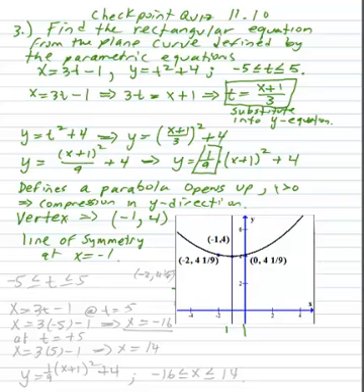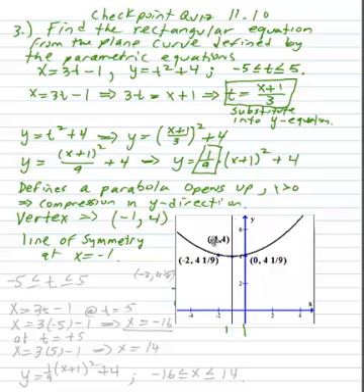This is what the graph looks like. We know that this is a parabola that opens upward, and the vertex is at the point negative 1, 4. That means that the line of symmetry is at x equal negative 1, and then we also know the vertex lies on that line of symmetry at the point negative 1, 4.